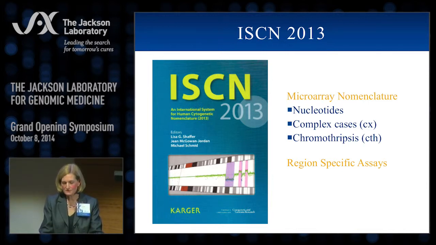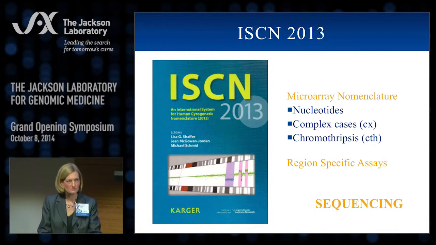The current rules give guidance on microarray nomenclature and region-specific assays, but now we will move to sequencing, and there will be a meeting at the end of October of the committee to address various issues, including providing nomenclature for a nucleotide level resolution.